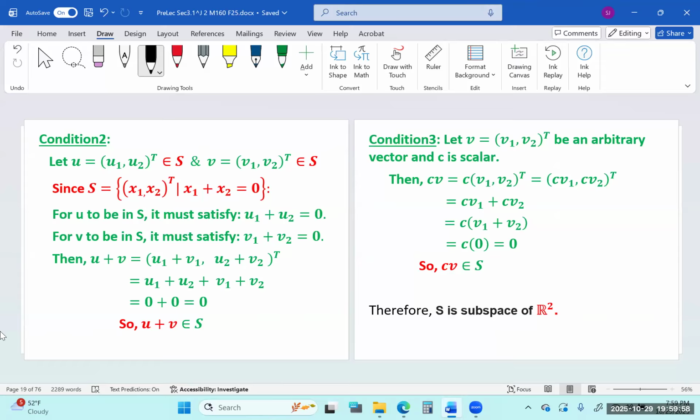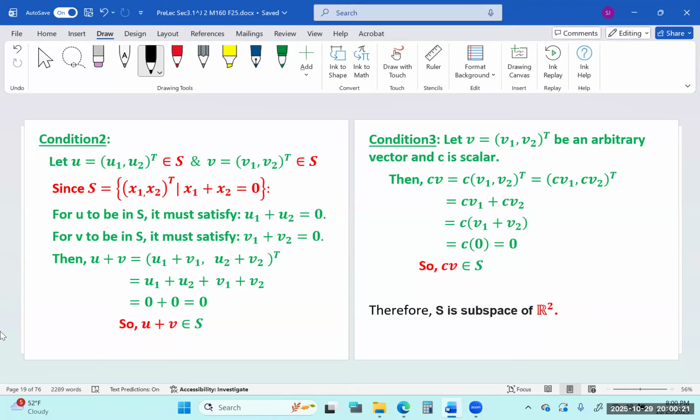Now the set says add your components and the result has to be 0. So cv1 plus cv2. You see they both have c in common, so factor out c, you get c times v1 plus v2. But what is v1 plus v2?